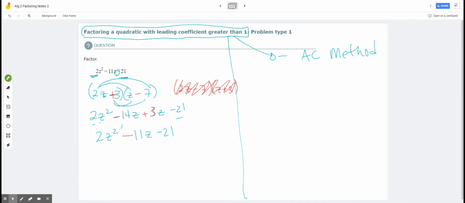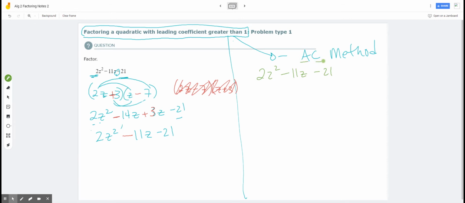So the first thing you do in the AC method is get mad at your computer, okay? Actually, let me rewrite the problem. 2z squared minus 11z minus 21.